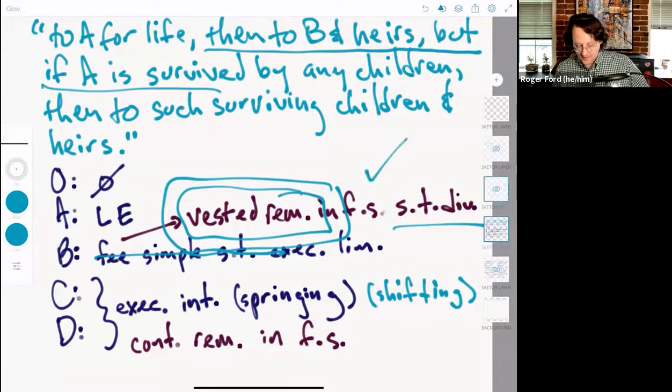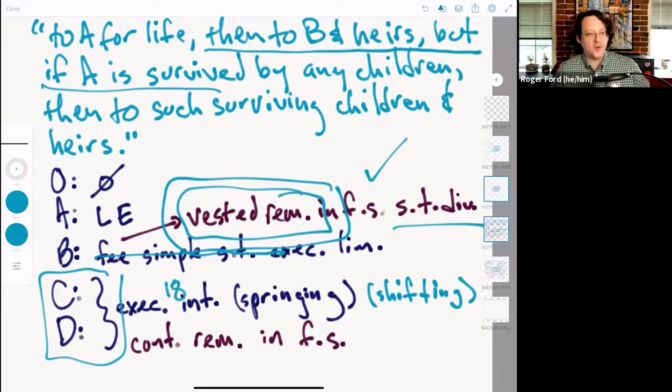So that's right. And then we've got this question down here of C versus D. Is it an executory interest? And if so, which kind? Or is it a remainder? So, those of you who, well, let's take a quick vote. Who had that this was an executory interest? 18.